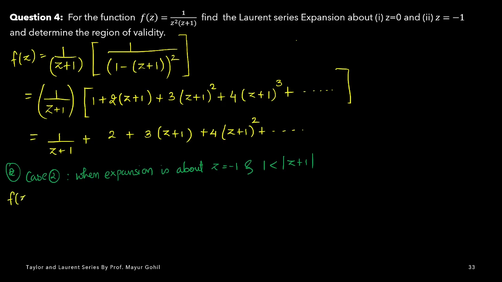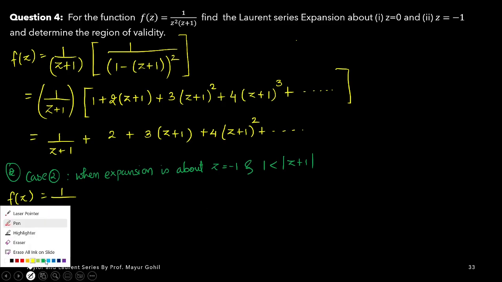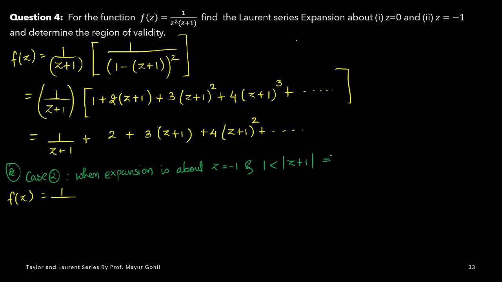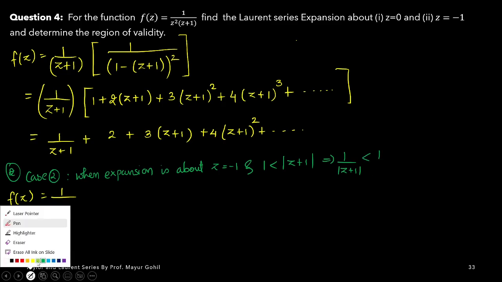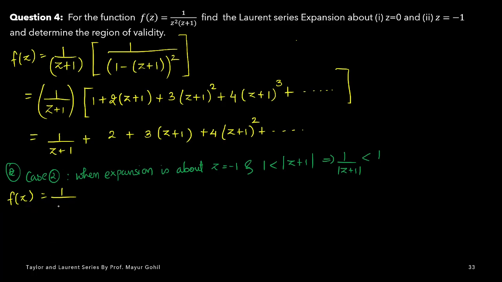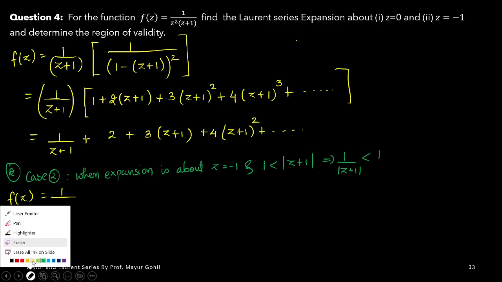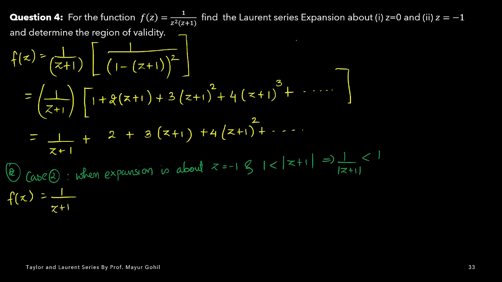F of z is equal to 1 upon... before we go about that, what is the condition telling us? This means that 1 upon z plus 1 is less than 1, right? This is the meaning. So in this function, z plus 1 remains as it is. There is no problem.